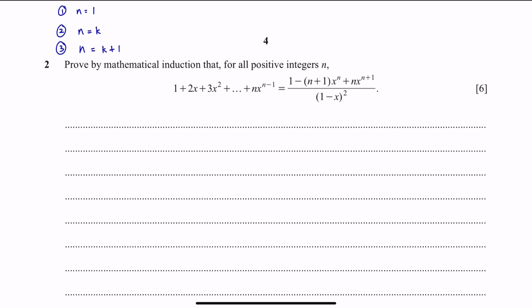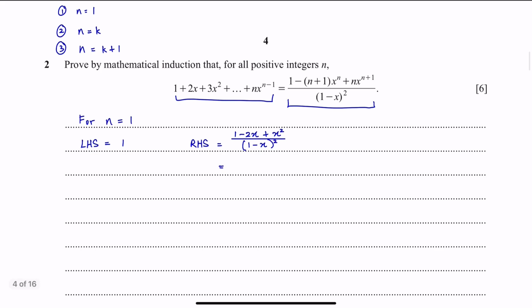I'll show you now. For n equals 1, we need to prove that the left hand side is equal to the right hand side. For the left hand side, which is this part, it's basically 1. And for the right hand side, which is this part, we have n minus 2x plus x squared over 1 minus x squared.